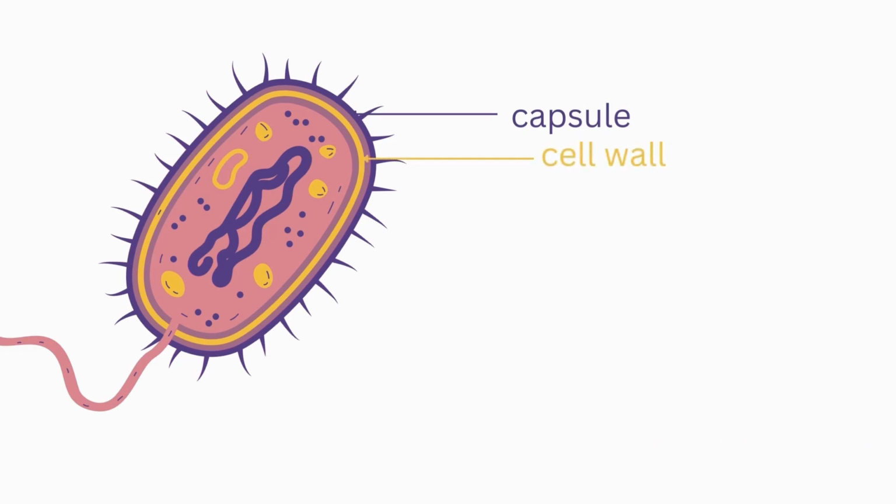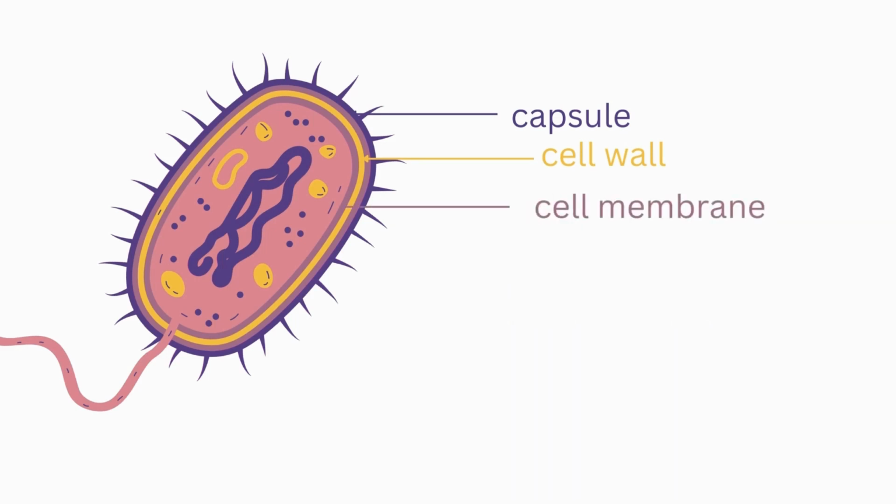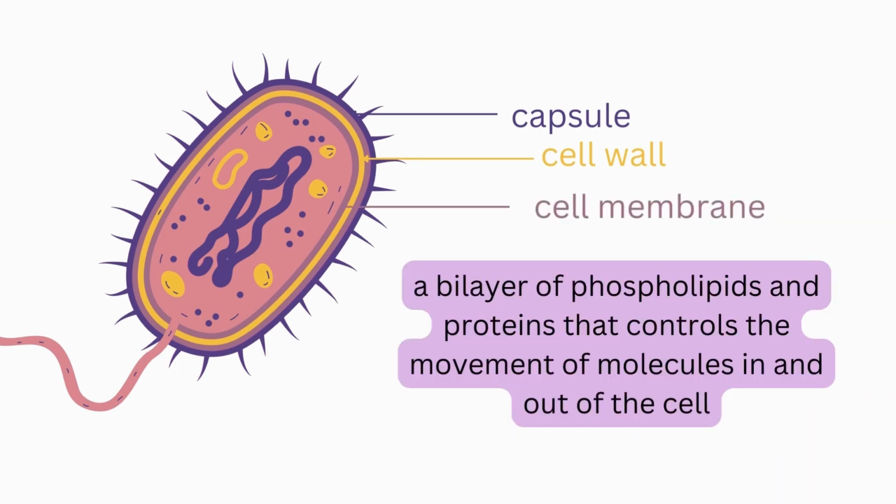They also have a cell wall, which gives the cell its structure and protects the cell, and a cell membrane, which is a bilayer of phospholipids and proteins that controls movement of molecules in and out of the cell.